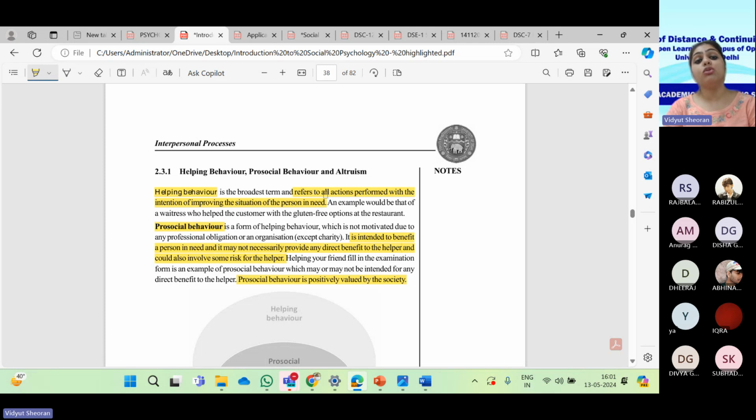And that will be a pro-social behavior. So there will be some risk for the helper, and there may not always be a benefit to the helper in lieu. So pro-social behavior is certainly valued by the society.